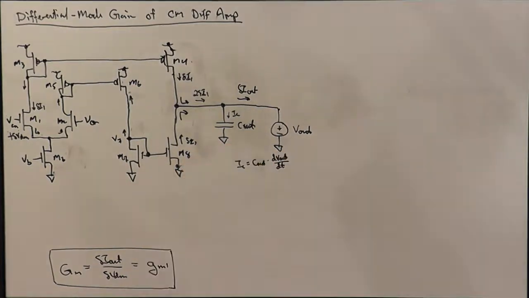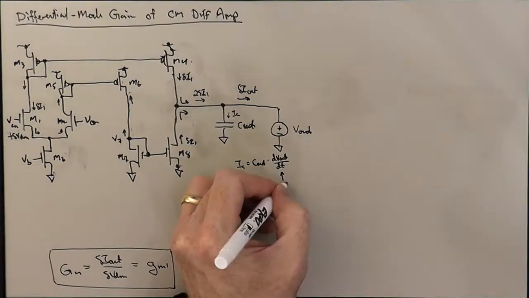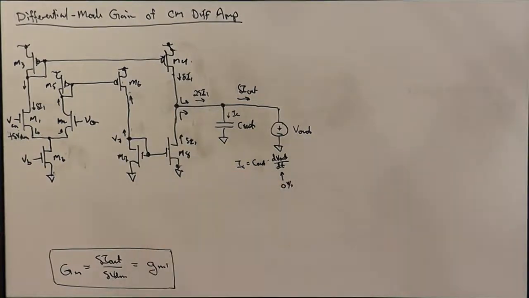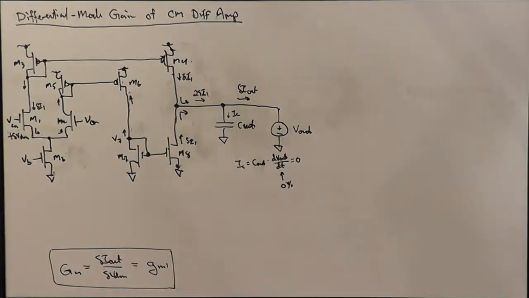Well, what's dV out dt if V out is being held fixed with a voltage source? That's equal to 0. Volts per second if we have to put units on it. And so that's equal to 0. And so delta I out is just 2 delta I1, just like it was before.